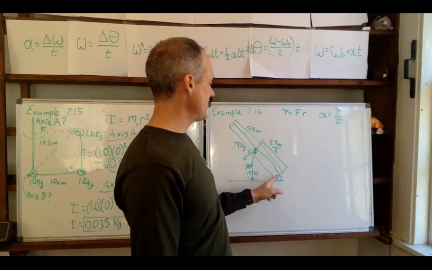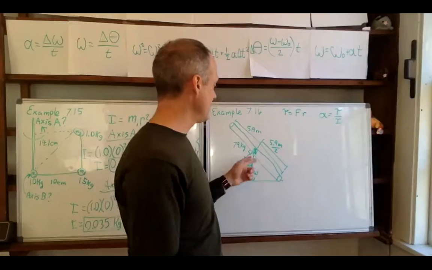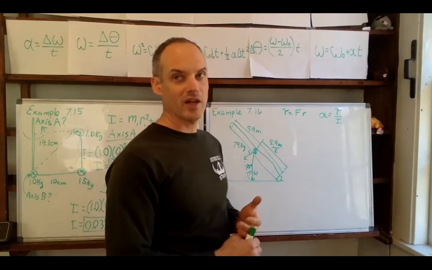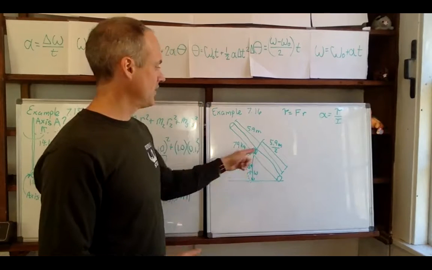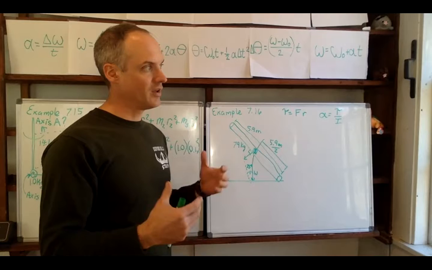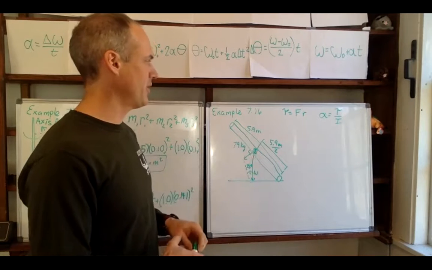Now, this is a uniform cylinder, we'd call it. So it has a center of mass in the middle, and that's what's applying the torque. It's as if all the weight of the wood is located in that one spot in the middle.